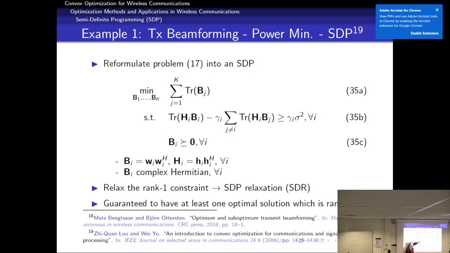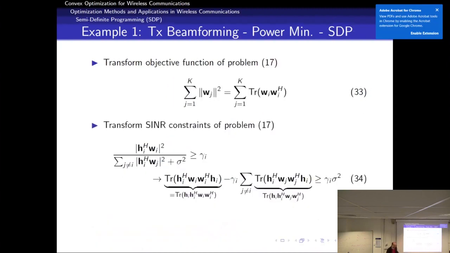And the solution of this will be rank 1, even though you have not asked it to be rank 1. Right? And because it's rank 1, it's nice because our original problem was actually using vectors, so using matrices B that are rank 1. Right? So we have relaxed the problem, but nevertheless, the solution of the relaxed problem still satisfies this rank 1 constraint that was needed in the original problem.